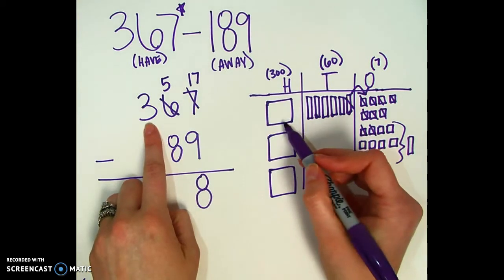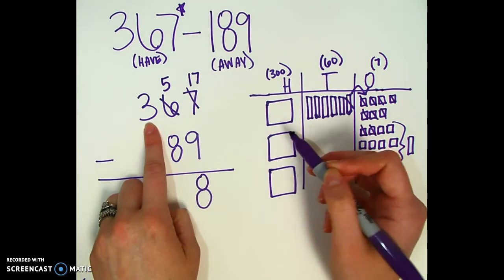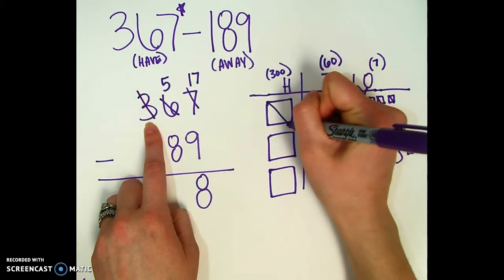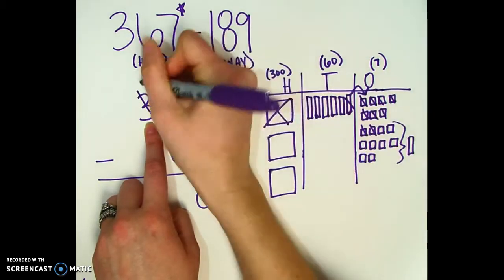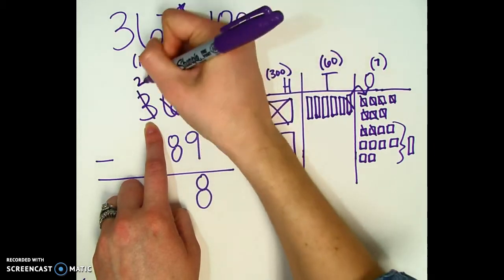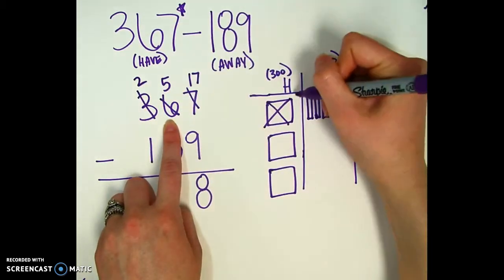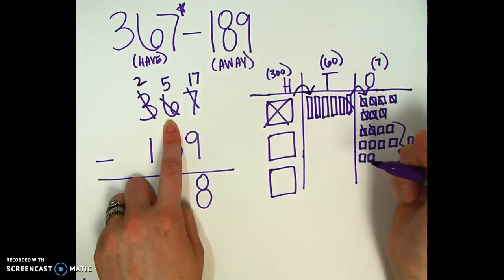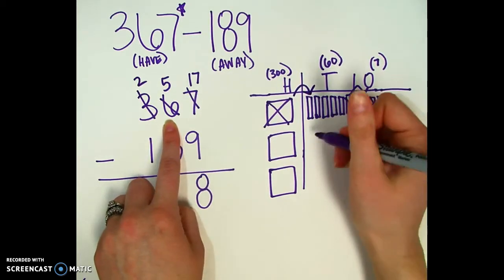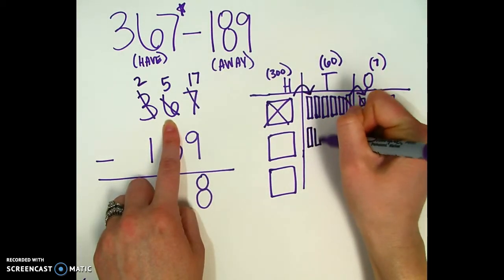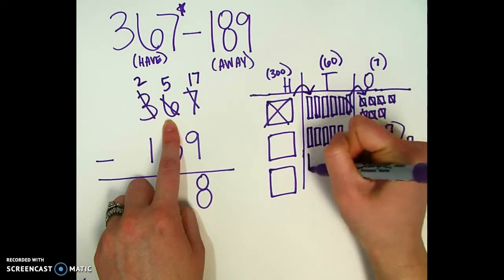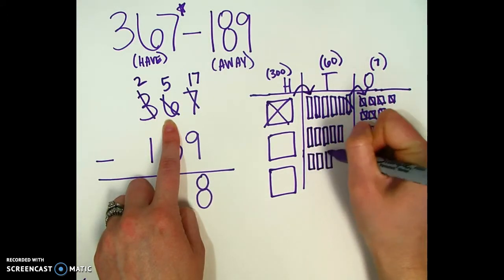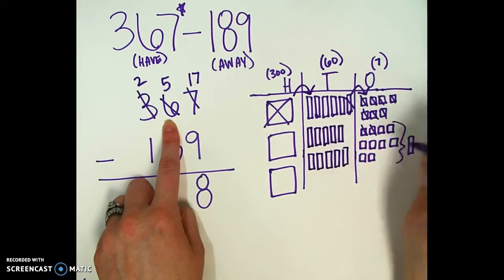So, if we go to our 3, we have 1 we can borrow. The 3 will become a 2. You take 1 away, and we're giving it back to this tens place. How many tens are in 100? There's 10. 1, 2, 3, 4, 5, 6, 7, 8, 9, 10.